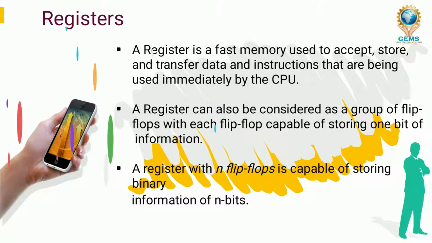This register helps us store data. A register is a fast memory used to accept, store and transfer data and instructions that are being used immediately by the CPU. So I don't want to discuss registers more because we already covered them in our previous lectures.